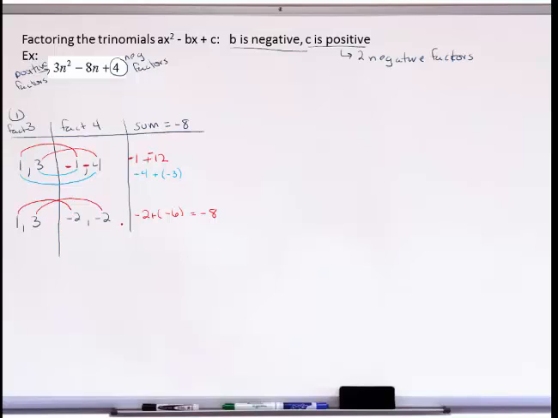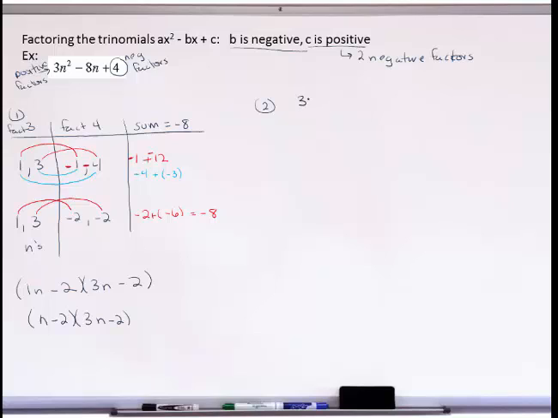So this tells me I have my factor combination. These are my n's. So I have 1n and 3n. 1 needs to multiply by negative 2, and 3 also needs to multiply by negative 2. So I have n minus 2 times 3n minus 2.